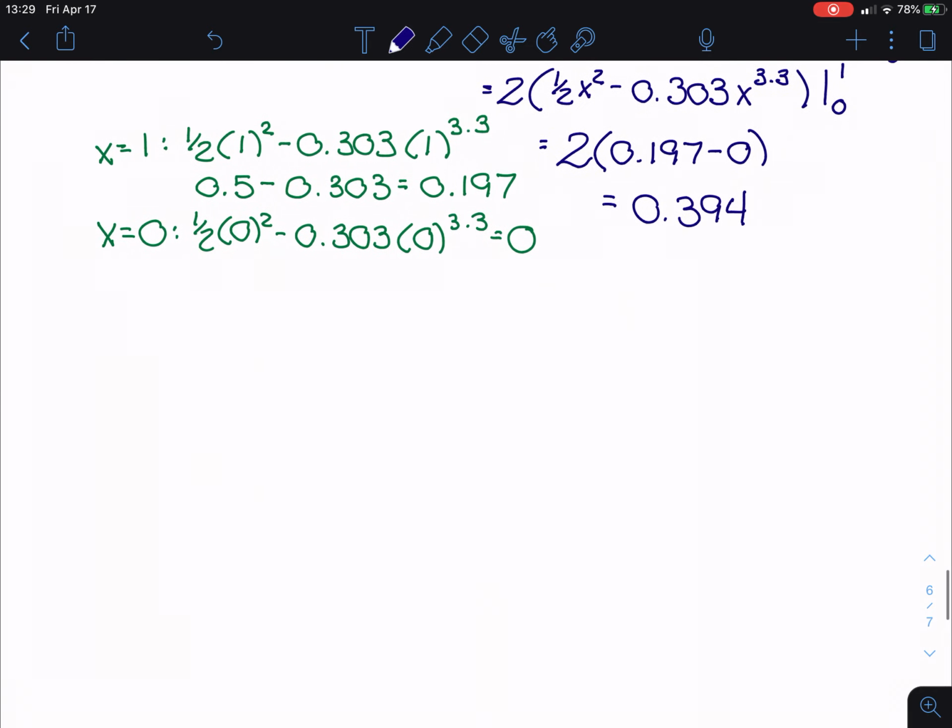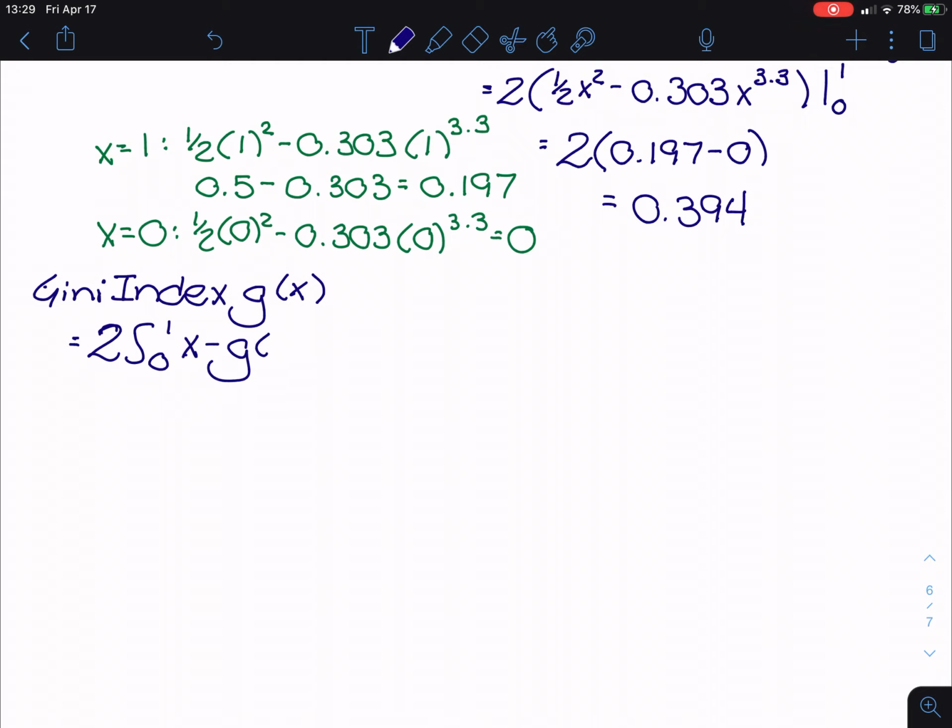So we're going to find the Gini index of g of x. Again, this is equal to 2 times the integral from 0 to 1 of x minus g of x dx.